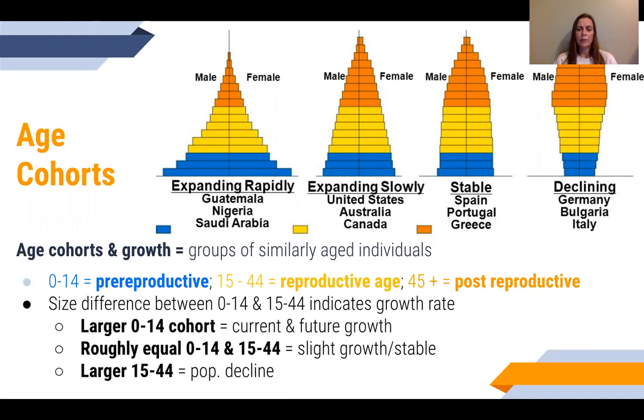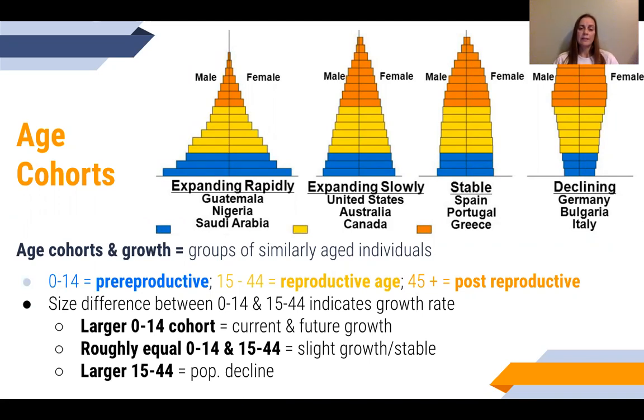And we split it this way because the proportion of people in each of those cohorts is going to tell us a lot about whether the population is growing, whether it's growing quickly, growing slowly, not growing, or has a stable population, or even has a declining population.